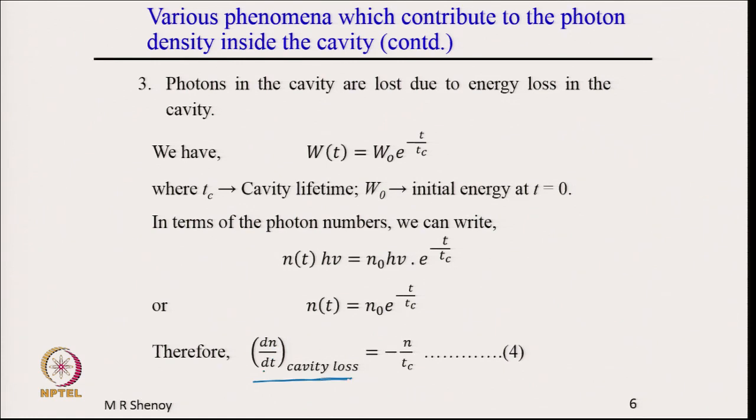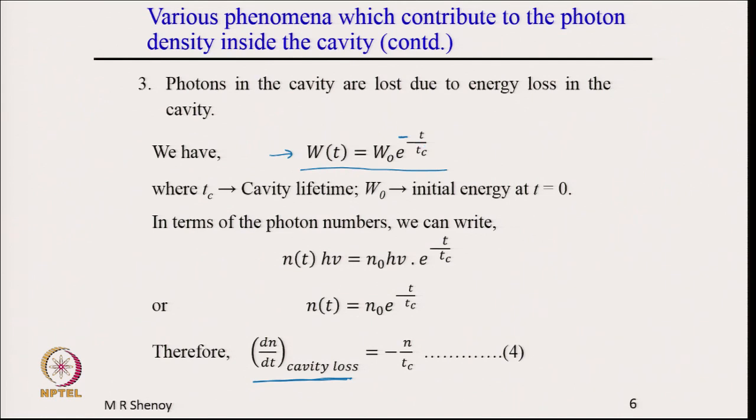How do we calculate this dN by dt due to cavity loss, the third term? Recall that the energy W of t in a cavity is given by this expression. W0 is the initial energy, Tc is the cavity lifetime, and t is time. W of t equals W0 times e to the power of minus t by Tc.